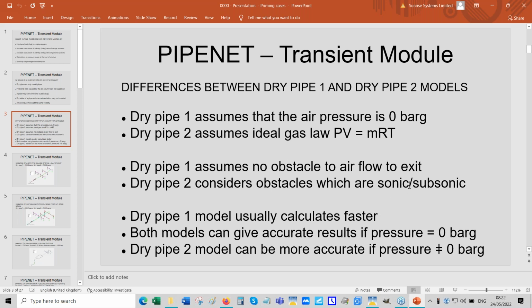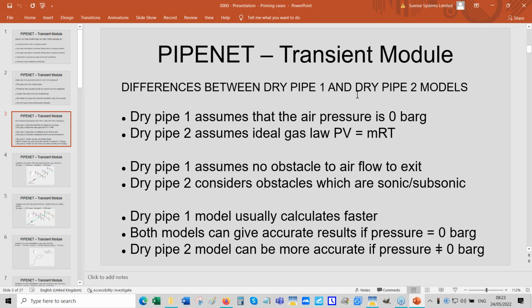And of course, although I've not mentioned this specifically here, the dry pipe 2 model allows the modeling of air pockets, how air pockets move through the pipes.